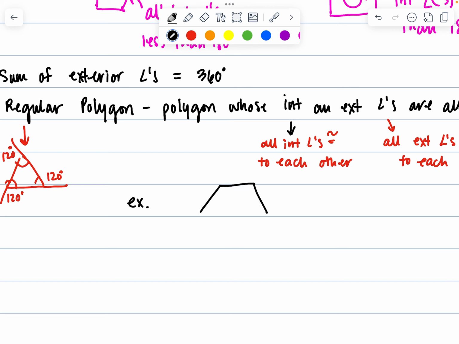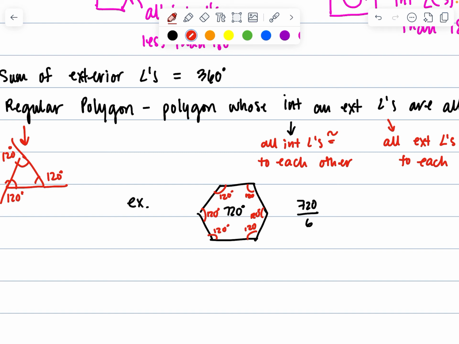We know that the hexagon has 6 sides, which means that since there's 720 degrees, you need to take that and divide by 6. 720 divided by 6 sides, or 6 angles, gives you 120. That means all of these are 120 degrees, if this is regular.